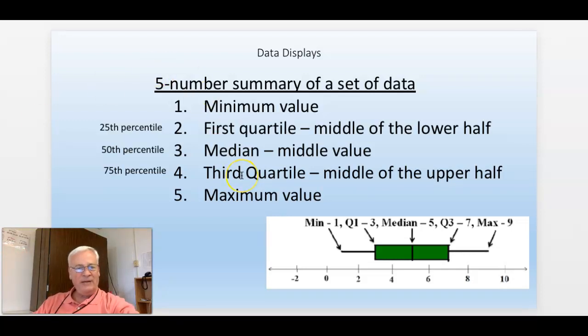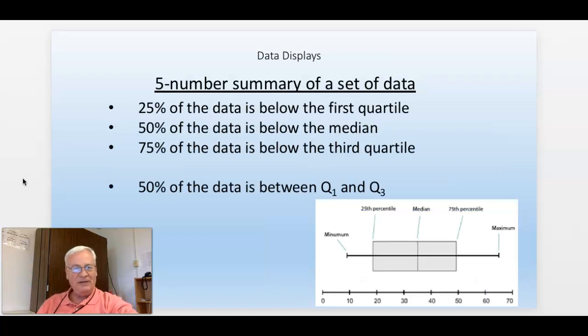And the third quartile, they sometimes call the 75th percentile, because 75% of the data values lie below that third quartile value, which is listed right there, okay? It's important to know that half of the data values occur between Q1 and Q3. 50% of the data values occur inside the box, in the box and whisker plot.